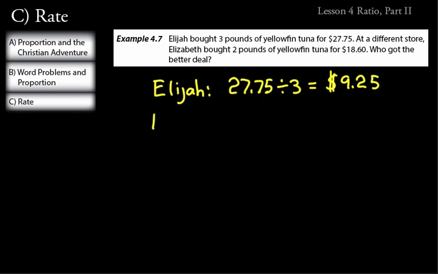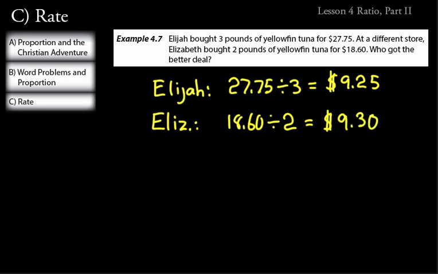Now what about Elizabeth? $18.60 divided by 2 pounds. What is that in dollars per pound? That's $9.30.